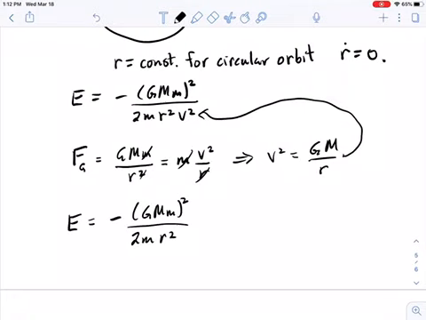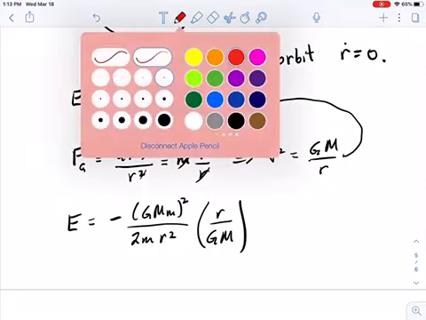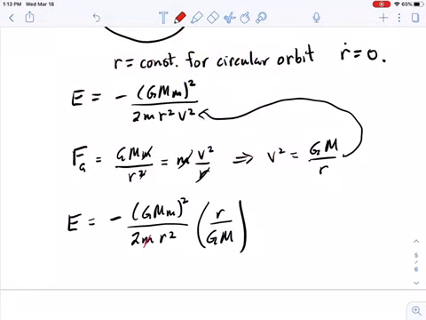Okay, so 1 over v squared is going to be r over G M. But now we have a G times M, and we have that squared in the numerator, and we have an r here and an r squared in the denominator.